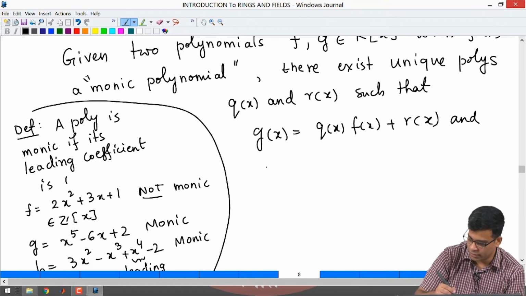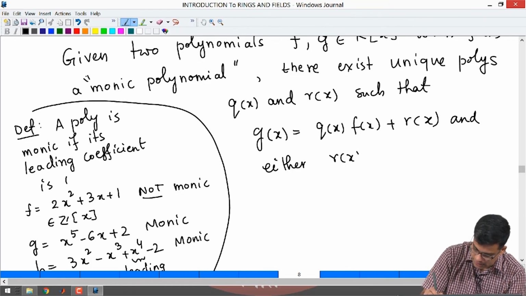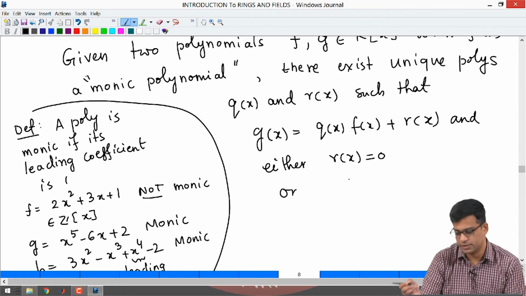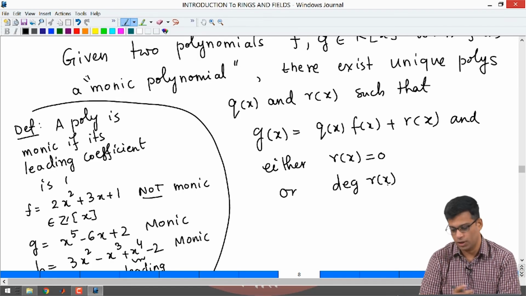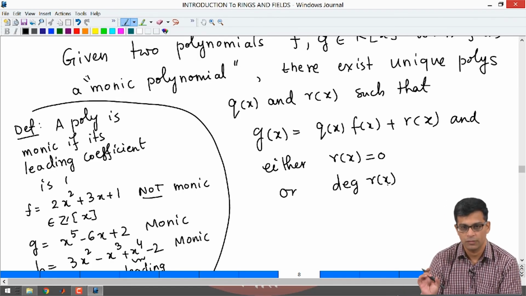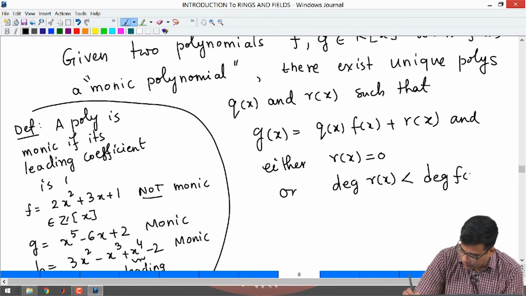We have two possibilities: either r(x) is 0, or, if it is not the 0 polynomial, its degree, remember, degree is the largest degree that appears in the polynomial, must be strictly less than the degree of f(x).